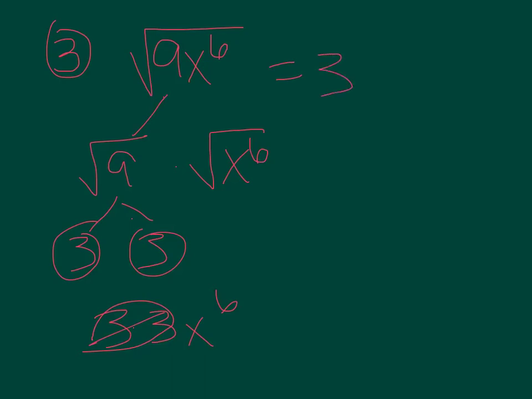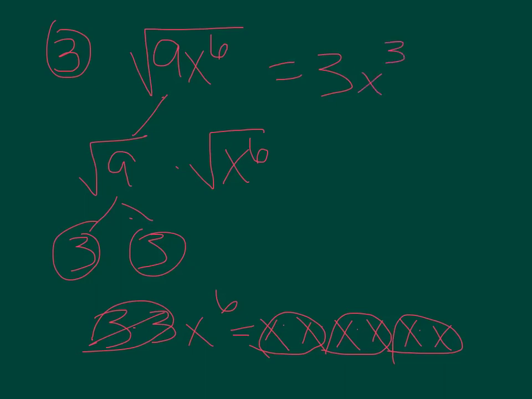There's nothing left, so there are no numbers inside the square root. Now let's look at the x to the 6th. How many times will 2 go into 6? Remember, this means we have x times x, and we want to bring out pairs. There's a pair, and a pair, so there are 3 pairs. For every pair, we bring one out, and when we get rid of them, there's nothing left. So this simplified is 3x to the 3rd, and there's no square root because everything came out.